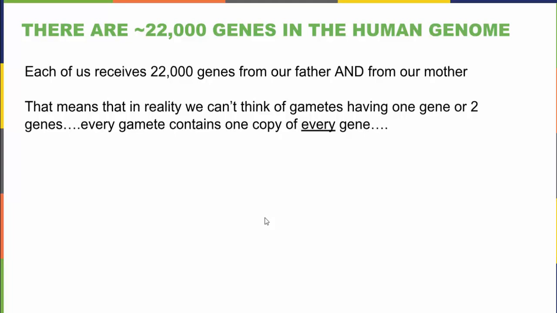Okay, so one thing to keep in mind, there's 22,000 genes in the human genome. We get 22,000 genes, recipes, from our father, and then we get 22,000 from our mother. Every gamete contains 1 copy of every gene, which means inside your little egg cell or your sperm cell, you are providing 22,000 recipes.